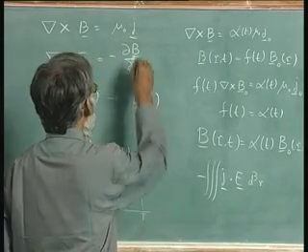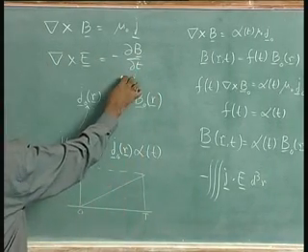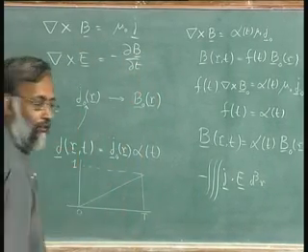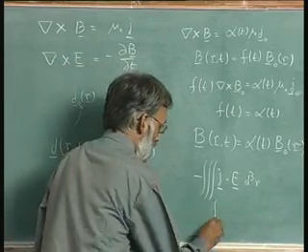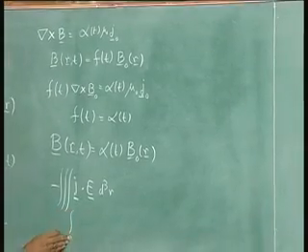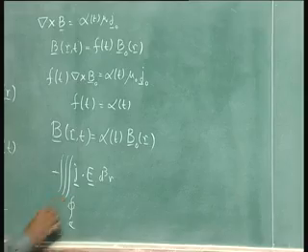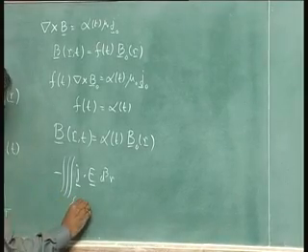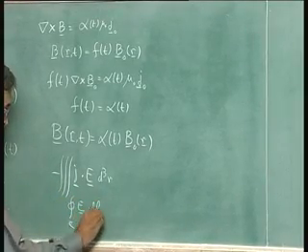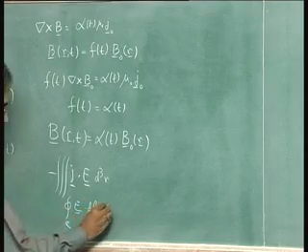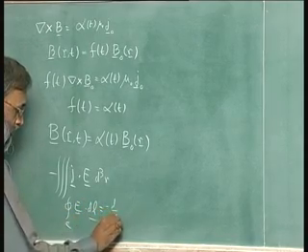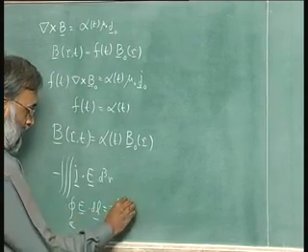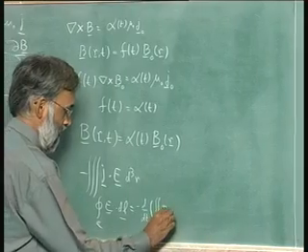So, what does that mean? If I take the surface integral on both sides and you apply Stokes' theorem, I get the loop integral over some curve C of E dot dl is equal to minus d dt of the surface integral of B dot ds.